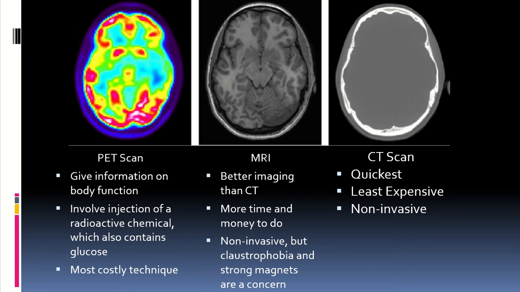But what's really cool is that these techniques can actually be combined. So, for example, if a medical professional wants to look at both structure and function of the brain, and they want to do it in a less costly way, they might do a CT PET scan, which essentially takes a CT scan and a PET scan, and a medical professional can use both pieces of information. They can look at the PET scan to determine what parts of the brain are functioning, have healthy activity, what parts might not be showing activity when they should or showing too much activity.